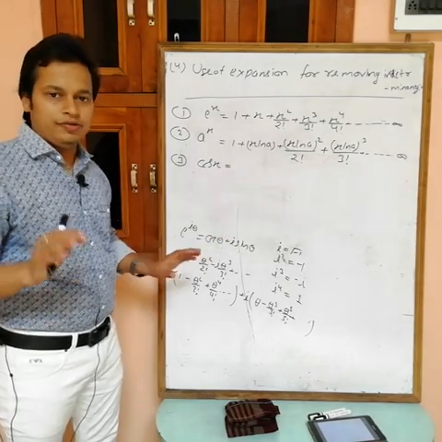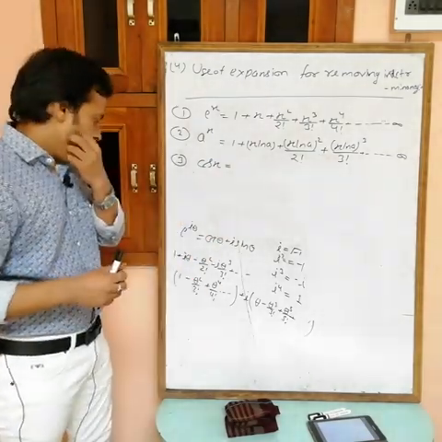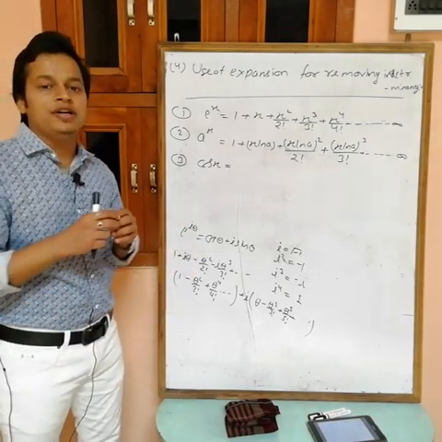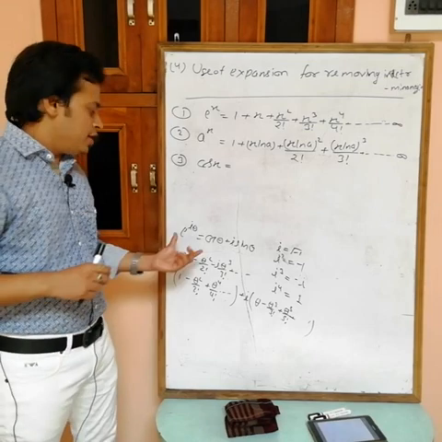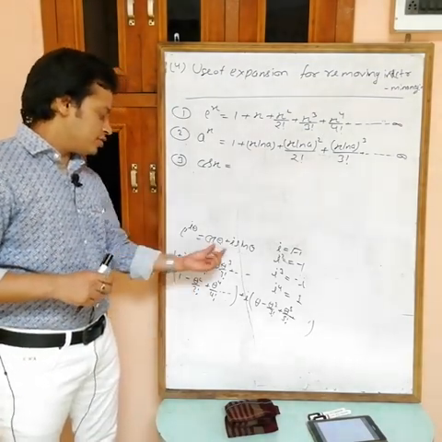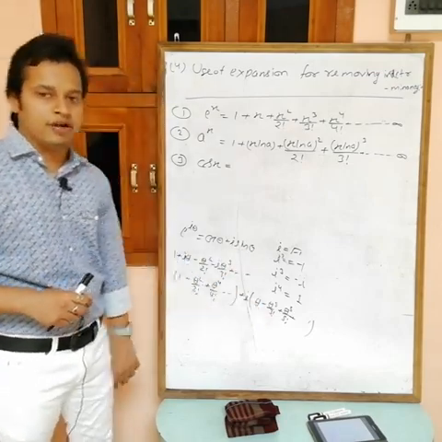If you replace x with iota theta, I am separating the terms without iota and the terms with iota. Now compare. Any two complex numbers are said to be equal if they have the same real and imaginary parts. Then cos theta, the term without iota, is equal to this one. So this is the sequence of cos theta and this is the sequence of sin theta.